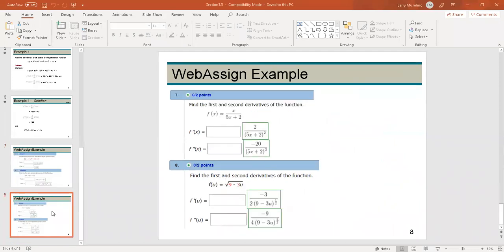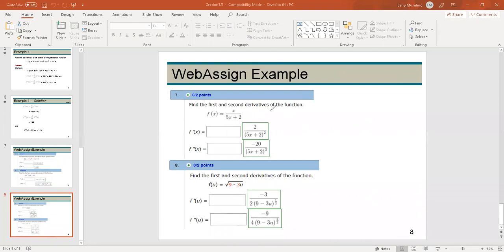All right. Let me help you set these up. I'm going to let you try these, but for number 7, you can either use the quotient rule here, or let me give you another option.